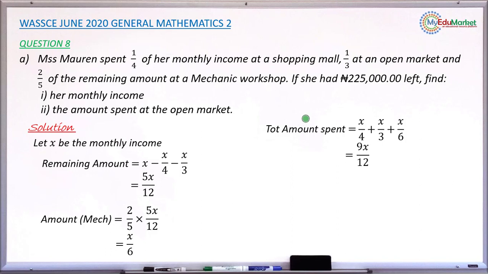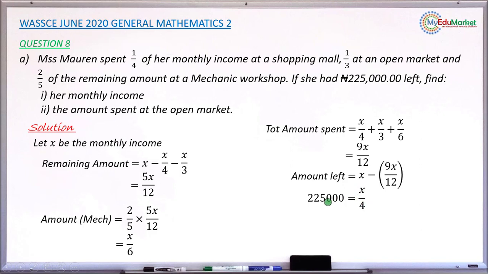Of course, it's given as 225,000 naira. So the amount left is her monthly income minus the total amount she spent, which is 9X over 12. Subtracting 9X over 12 from X, if you did it correctly using LCM 12 and reduce the fraction to its lowest terms, you are going to have X over 4.